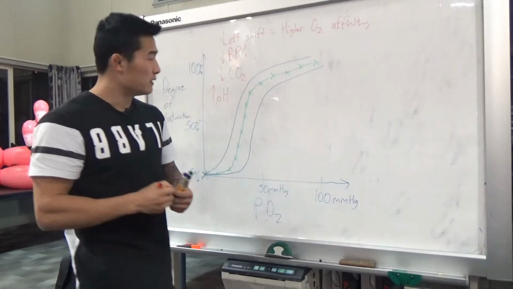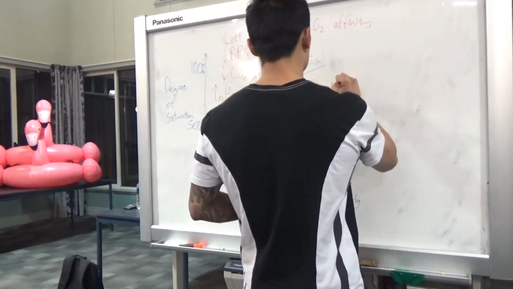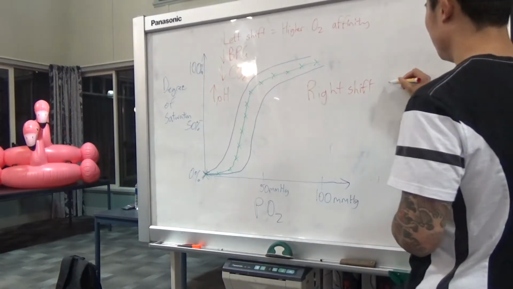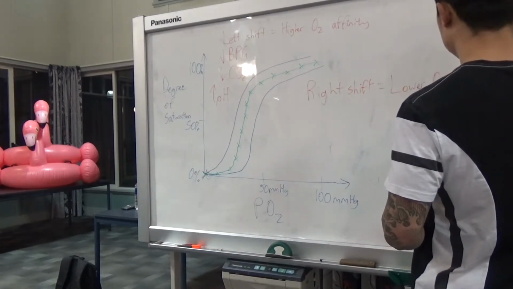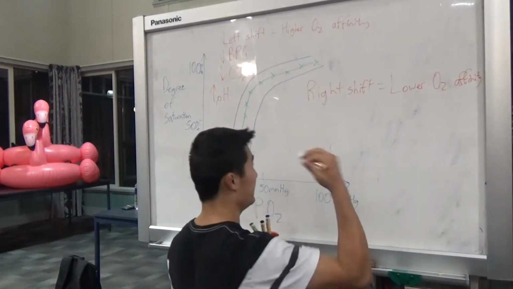And then a right shift means you have a lower oxygen affinity, and that's going to be caused by the opposite.